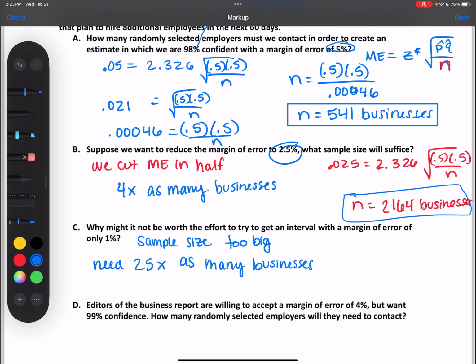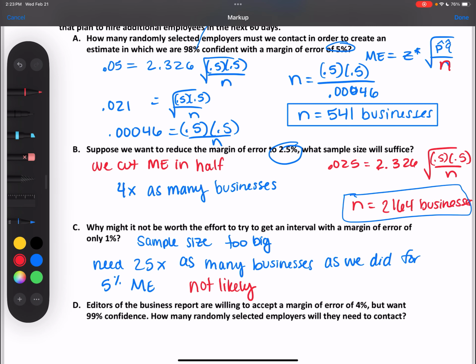It's like 13,000, compared to what we did for a 5% margin of error. This is not likely, because realistically, we're not going to find 541 times 25, which is 13,525. Ain't no way. I mean, maybe if we found life on other planets.